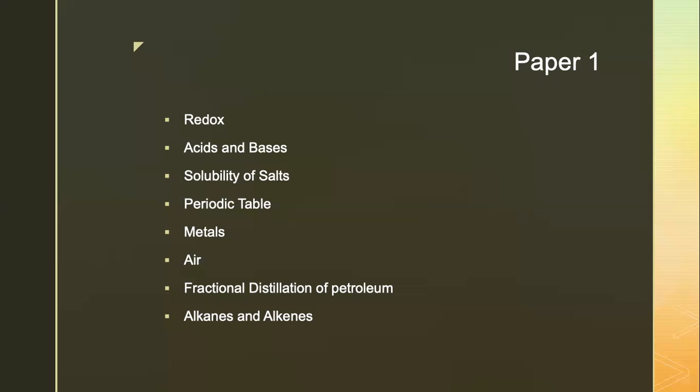One was on the fractional distillation of petroleum, but they need to only remember the use of naphtha as a feedstock. Then another question is on the concept of alkenes. Are they saturated or unsaturated? What is their general formula, their combustion reaction, and if they do react with hydrogen in the presence of a nickel catalyst.